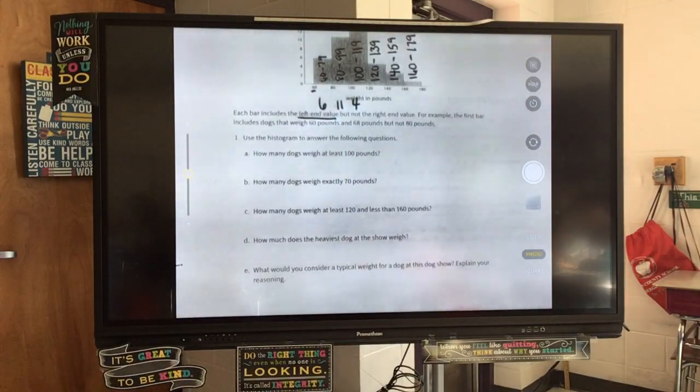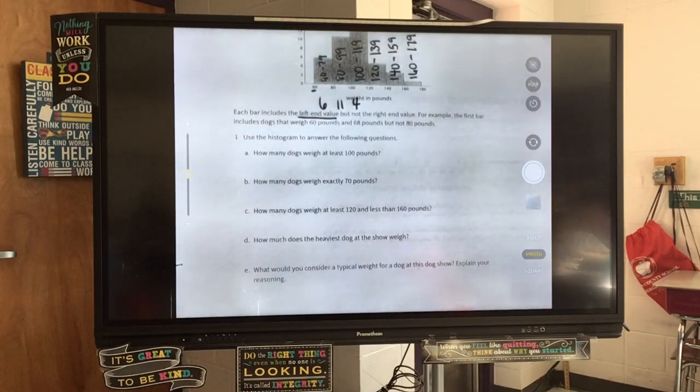All right. So how many dogs weigh at least 100 pounds? What did we come up with? Think about inequalities, because inequalities do not go away. Joe, 21. Where'd you get 21 from?